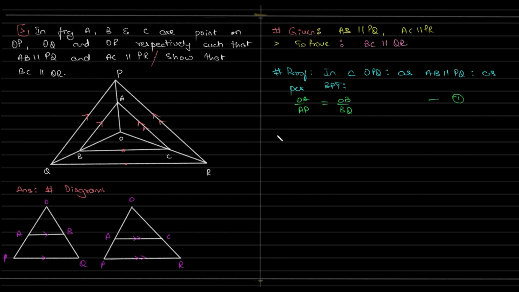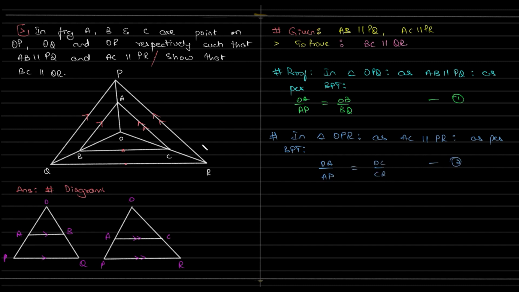Right, quite simple. Same thing with the other triangle. In triangle OPR, as AC is parallel to PR, as per BPT, we can write that OA by AP is equal to OC by CR.